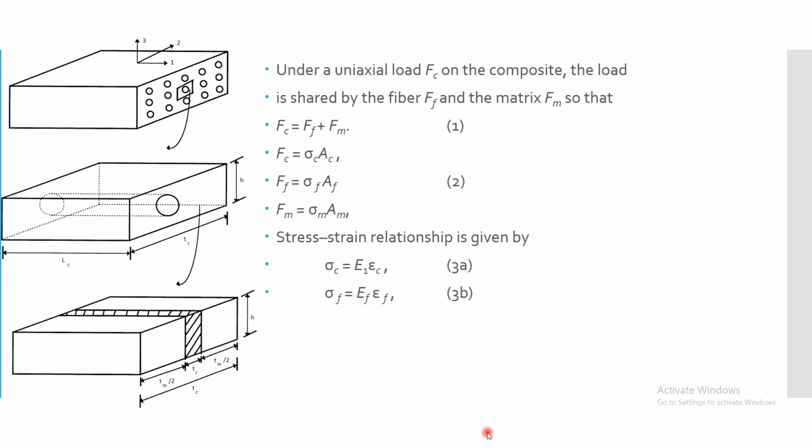Next, the relation for the fiber: sigma f is equal to Ef into strain of the fiber. And the next for the matrix. Next, what we can do is we can substitute all these three equations into the equation number 2.